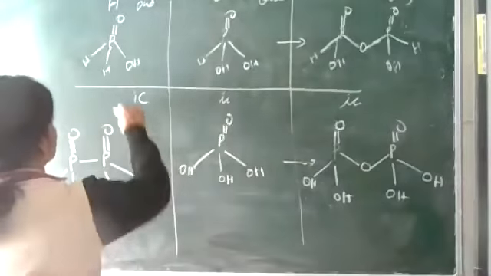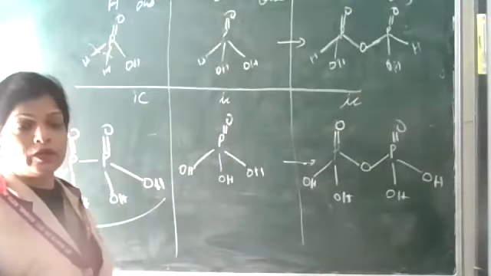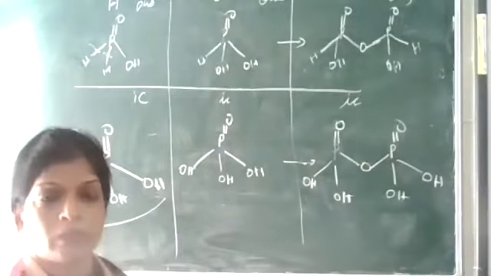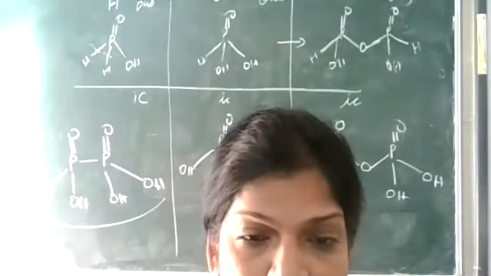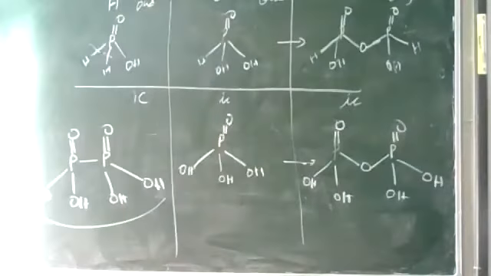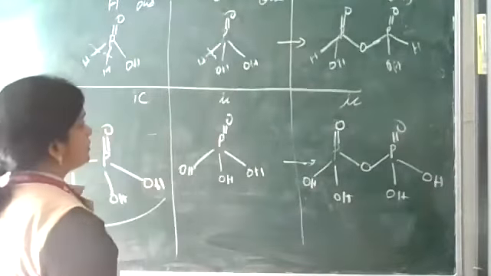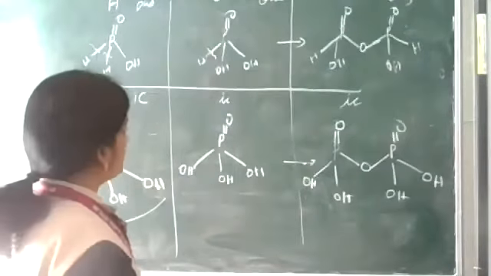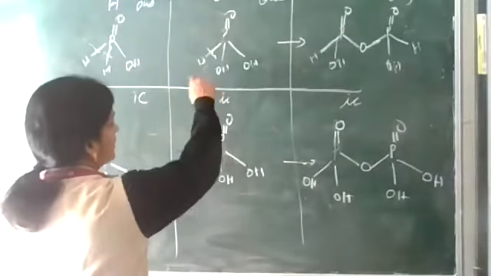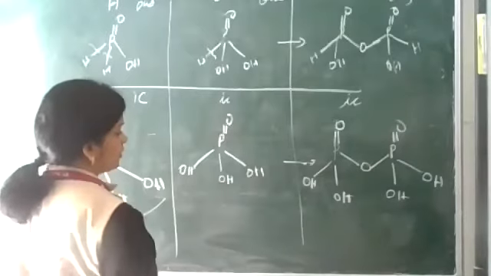So this one can be used as a good reducing agent. H is available from there, so it is a good reducing agent. This is also a reducing agent because there are P-H bonds. The P-H bond is broken and H can be available, but the P-OH bond cannot be broken.